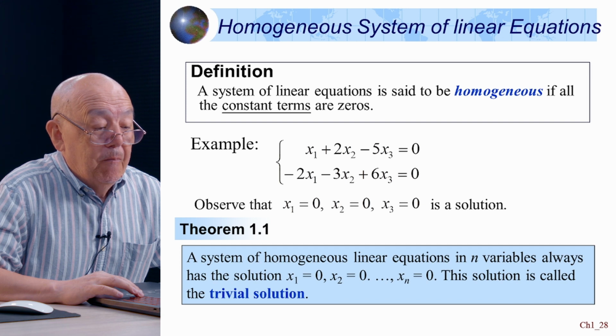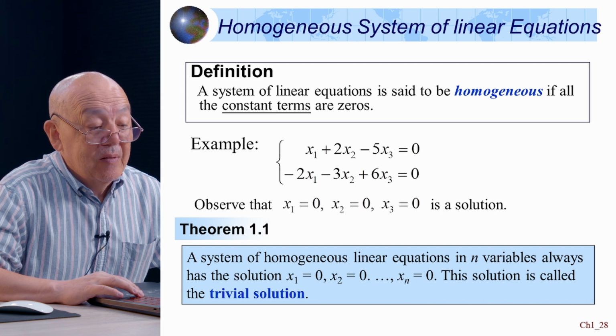So again, theorem 1.1 is saying a system of homogeneous linear equations always has the zero solution, this solution is called trivial. So always consistent.